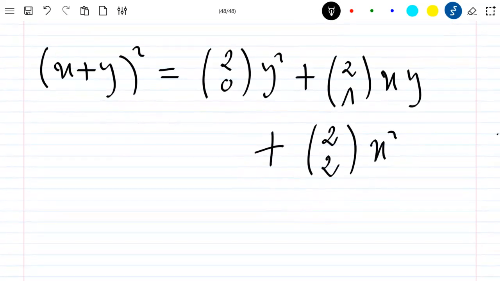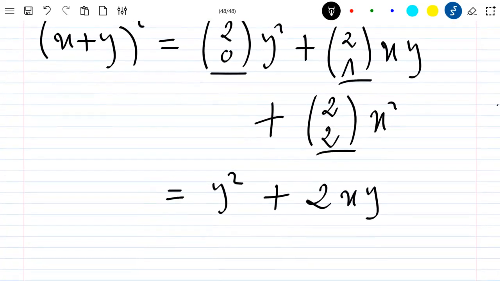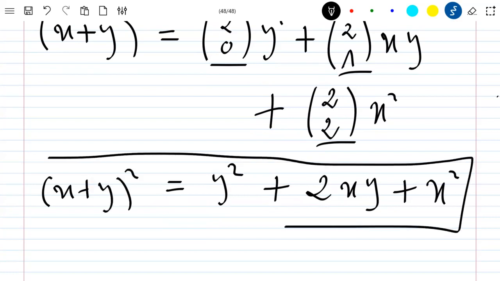By replacing the coefficients, the first is 1 times y squared plus the second, which is 2 xy, and the third one, which is 1 times x squared. You can see that you have exactly the formula that we know.